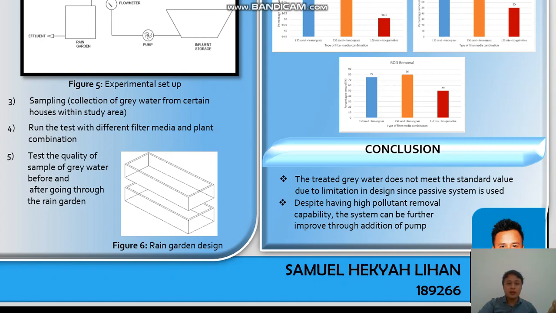So the filter depth is quite limited. And then, despite having high pollutant removal capability, the system can further improve through addition of pump. This is like I said just now, the use of pump can remove the limitation in the depth of filter media that's going to be used.